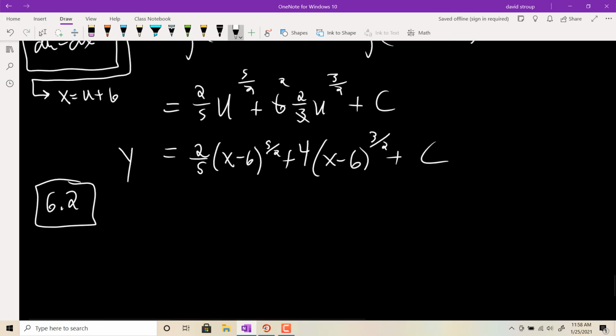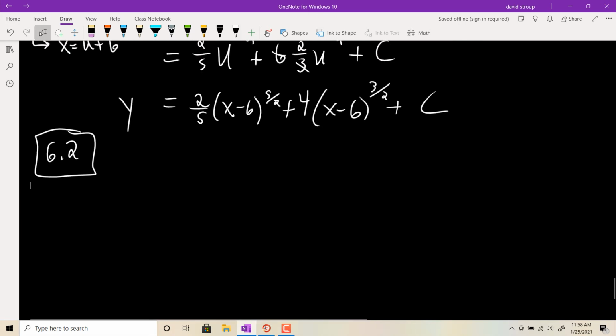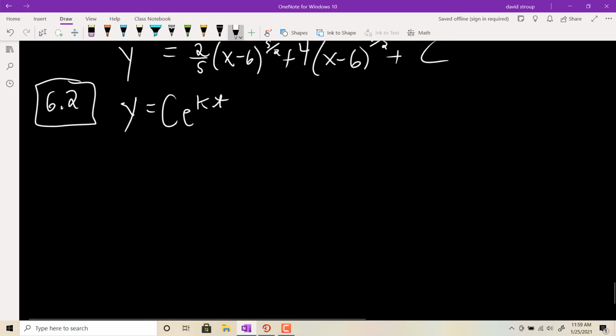In 6.2, we look at the first model of differential equations, which was the logistic growth model, the exponential growth model, y equals ce to the kt. So it has some problems associated with that.